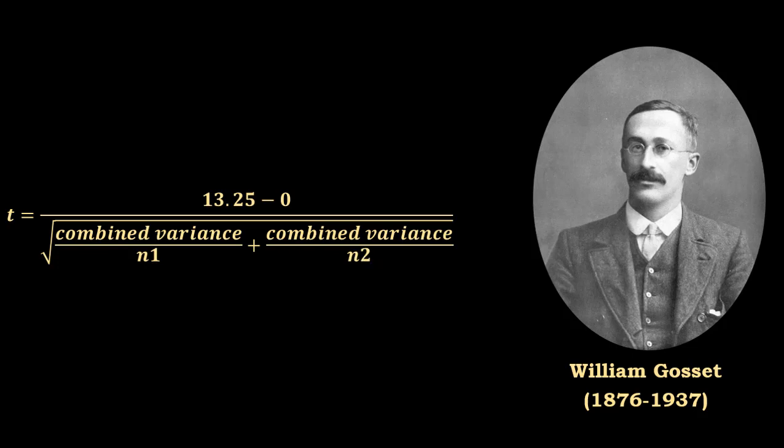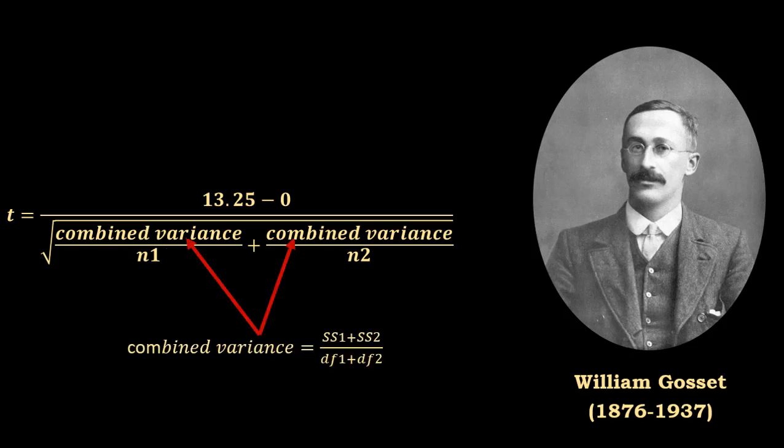It was 8 in each sample. But what's the combined variance? Well, the combined variance is the sum of squares of sample 1 plus the sum of squares of sample 2, divided by the degrees of freedom of sample 1 plus the degrees of freedom of sample 2.